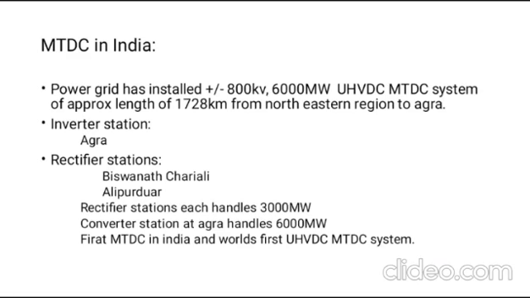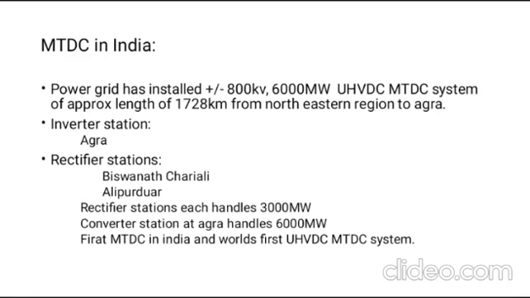Okay, let us discuss the MTDC system in India. Power Grid has installed a plus or minus 800 kilovolt, ultra high voltage, 6000 megawatt DC system, which is an MTDC system of approximately 1728 kilometers from the northeastern region to Agra.